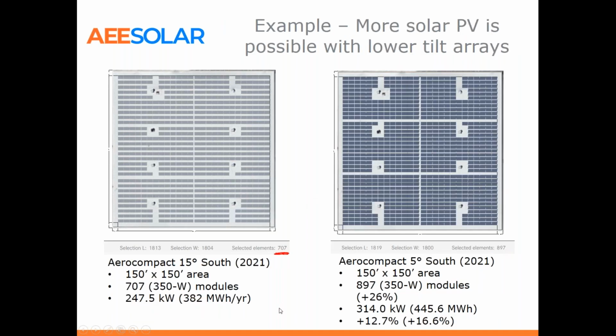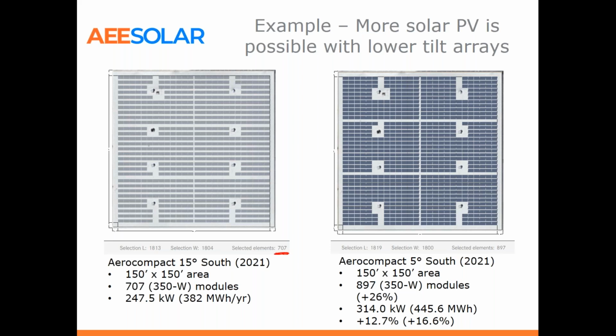So now let's compare the 15-degree south Aerocompact racking with a 5-degree south tilt Aerocompact racking. In PVWatts, you're going to take a slight hit in the production of each individual module, but we're now fitting 897 modules in this area as opposed to 707, so our array size grows from 247 kW, getting almost 50, 60 kW more in the same footprint, leaving the same walkways to each of the air conditioning units, the same walkways down the middle of the panel modules, and down the roofs, meeting all your codes.